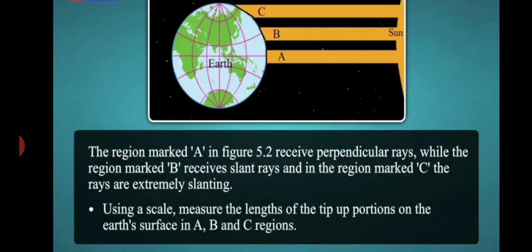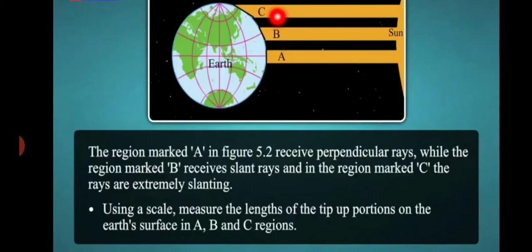Now see, you have to do it yourself. Just go through it. The region marked with letter A, you can see here, receives perpendicular rays, while the region marked with the letter B receives slant rays.